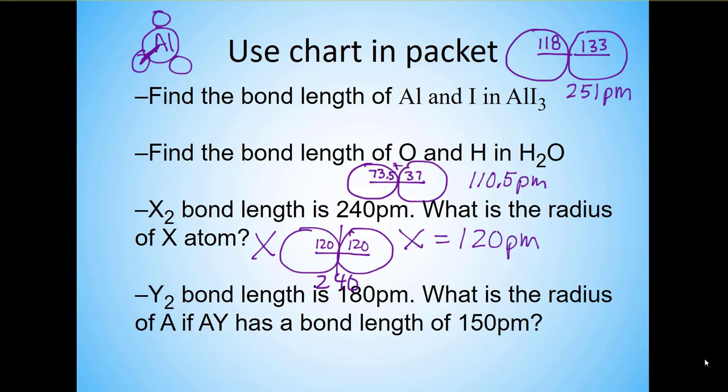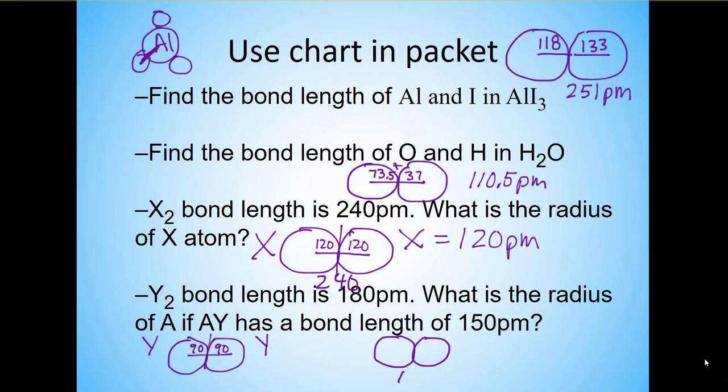So we have Y2. So again, there are two Y's, and it says the bond length is 180. So if I cut that in half, I get 90 plus 90. That equals 180. And the problem is saying, what is the radius of A if AY is 150?